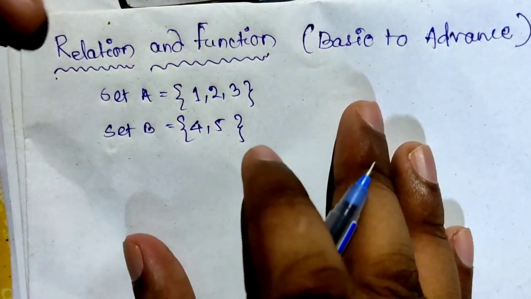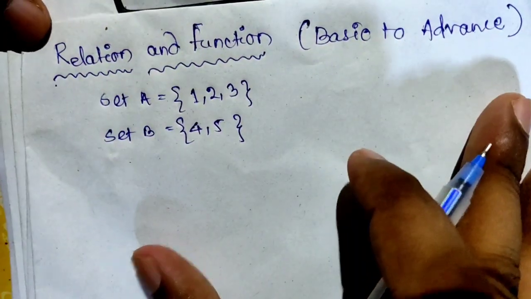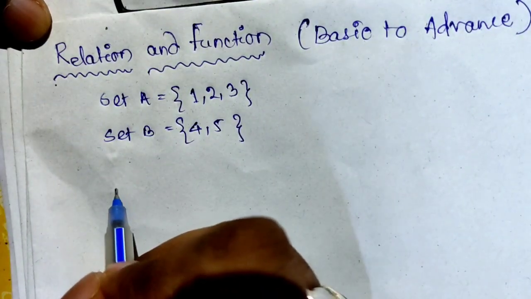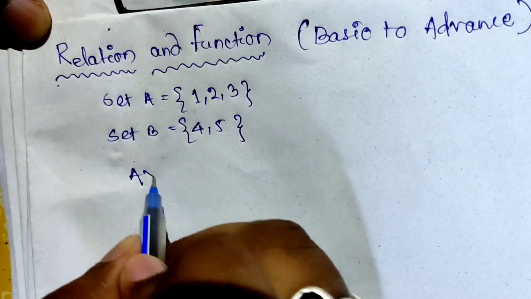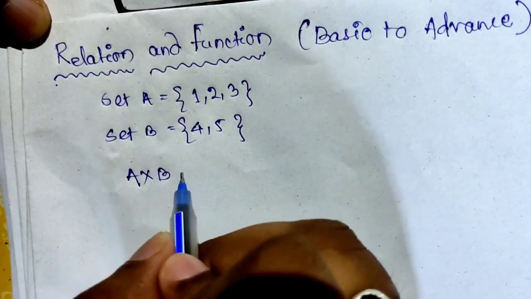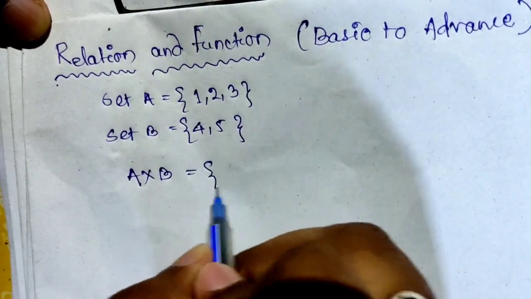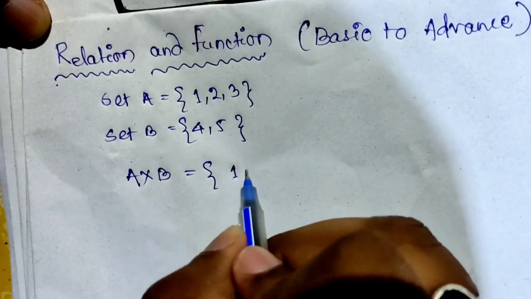So if we want to get their cross product, that is A cross B, we get a set of these numbers.